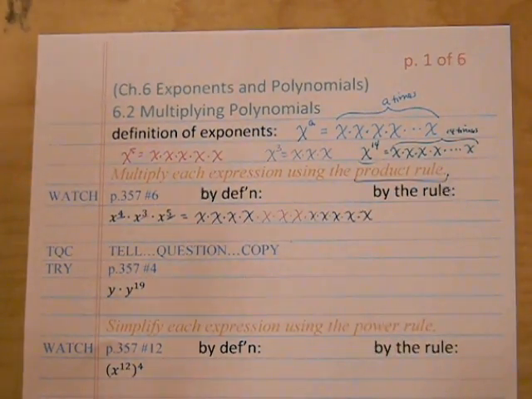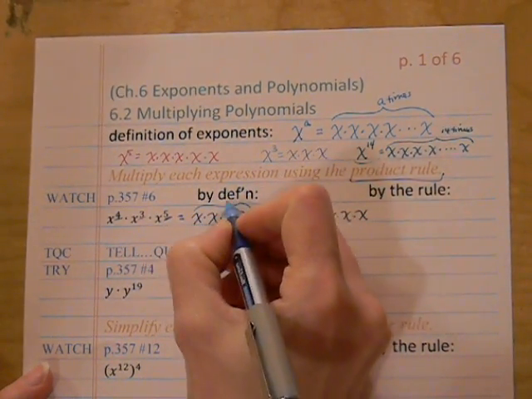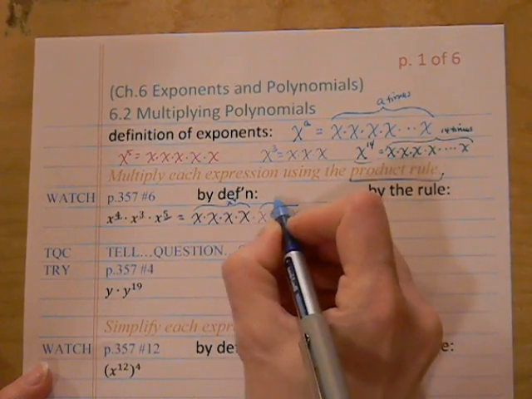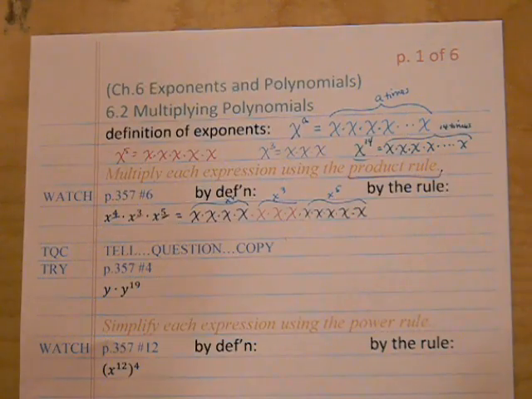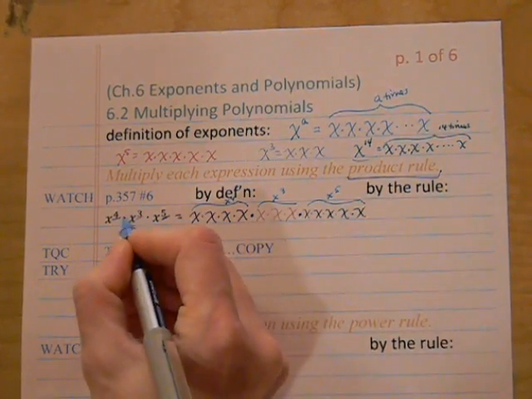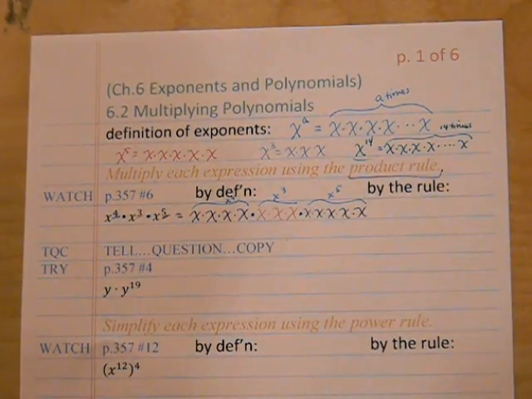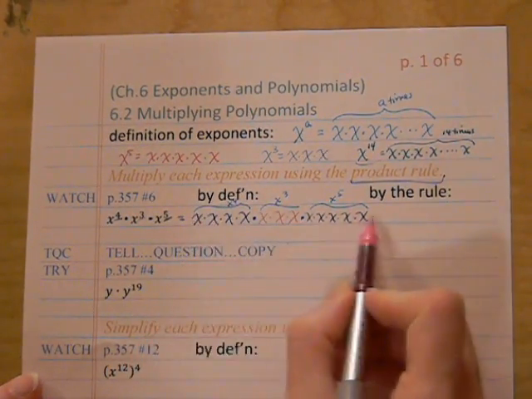So I've written all that out by definition. This is your x to the 4th, here's your x cubed, and here's your x to the 5th. And notice that all these are being multiplied together, because that's what we were doing in the original problem.